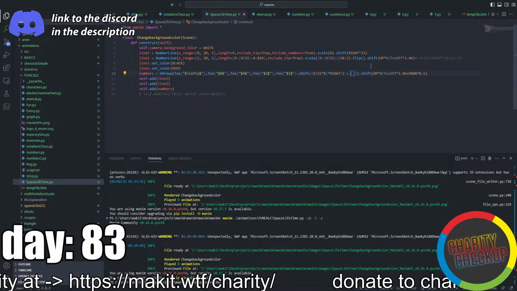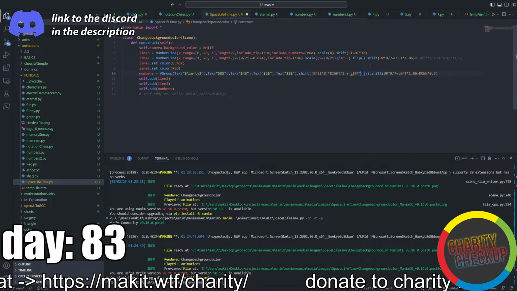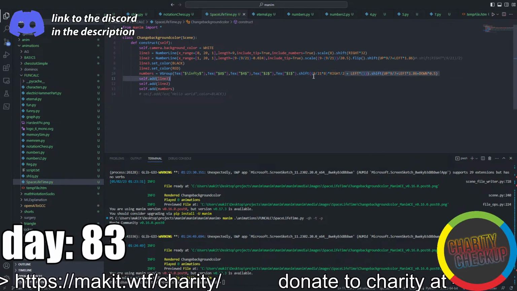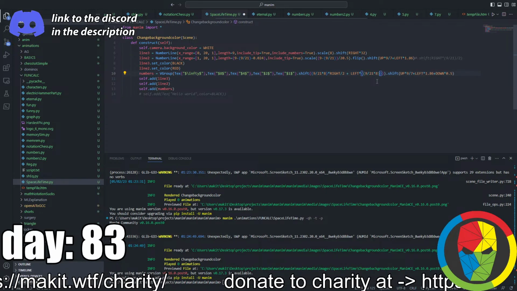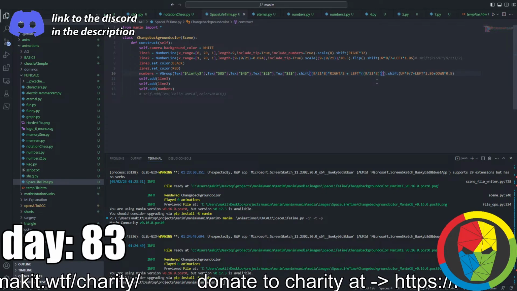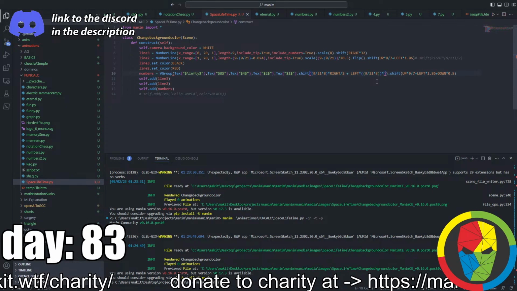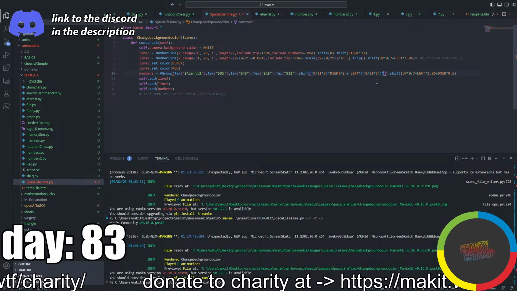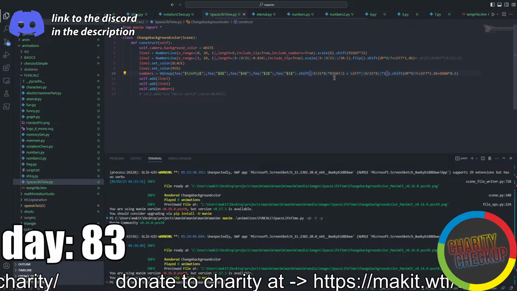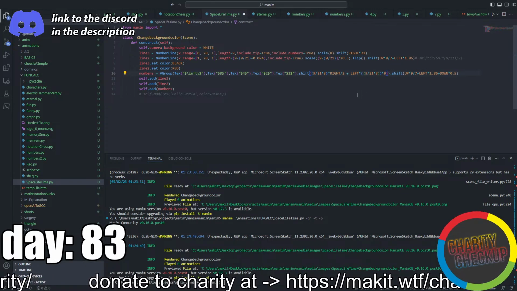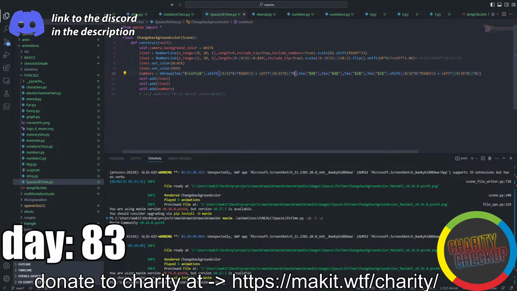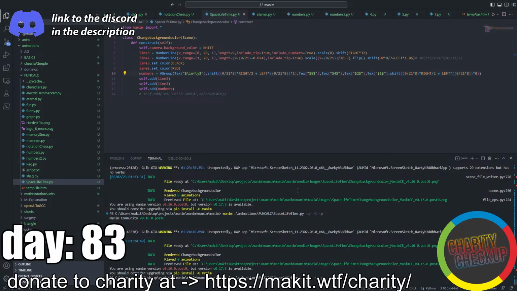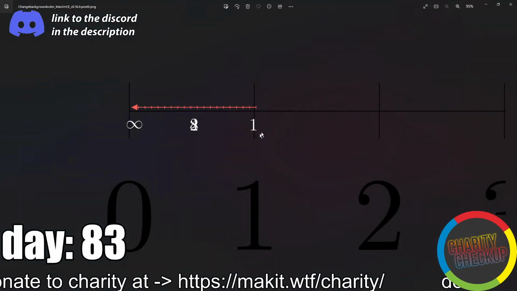Plus left times this times, and this is how far we want to go, from 0 to 1, which means over here would be 0 obviously, but over here this would be 1 and 130.